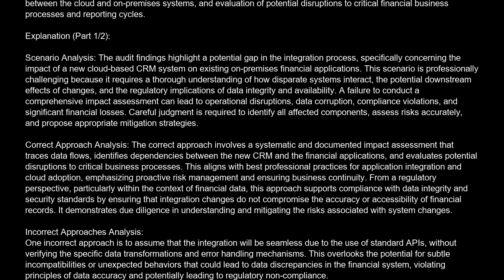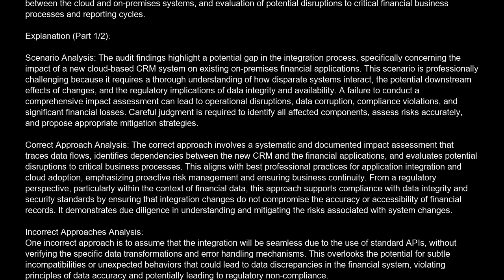From a regulatory perspective, particularly within the context of financial data, this approach supports compliance with data integrity and security standards by ensuring that integration changes do not compromise the accuracy or accessibility of financial records. It demonstrates due diligence in understanding and mitigating the risks associated with system changes.